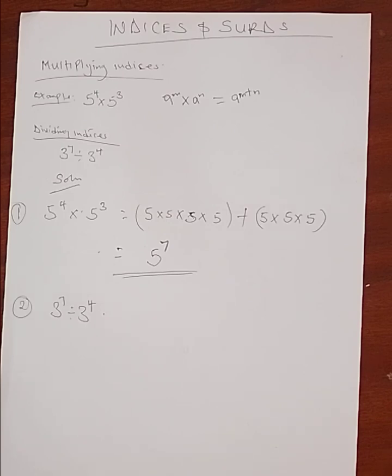When you are dealing with division, we subtract the powers. It states that to divide numbers in index form where the base number is the same, subtract the second index from the first index.